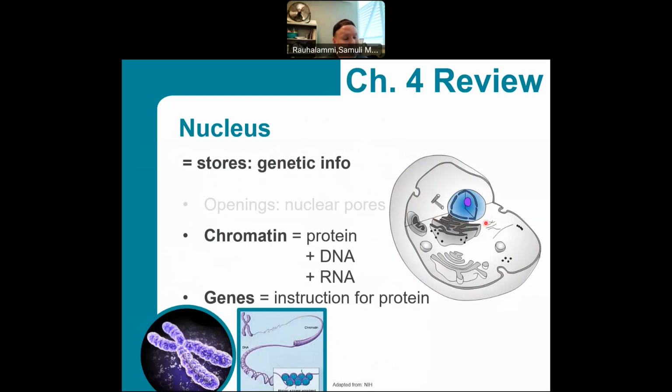When we see the nucleus, the nucleus is again an enclosed structure. We have a membrane surrounding the nucleus, actually a double membrane. So the DNA is housed inside there, and DNA never leaves the nucleus. RNA instead can travel in and out of the nucleus.